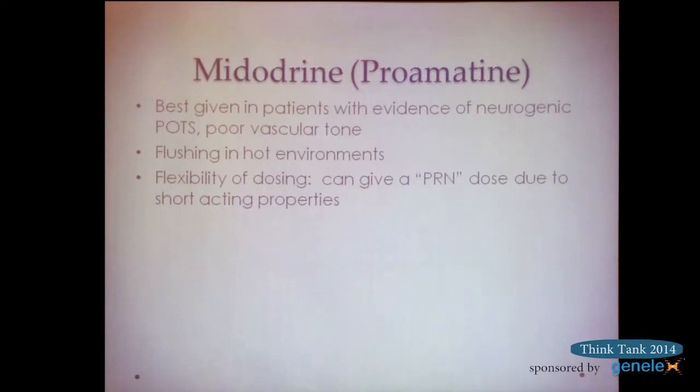If it's summertime and it's 100 degrees and they usually take it 3 times a day and they need to take a 4th dose because it's just wearing off more quickly in a hot environment, then you can do that. And if you have a side effect from it, you can always stop it. It's an easy thing to sort of put on and take away without a withdrawal effect or anything of that nature that could restrict your use of it.